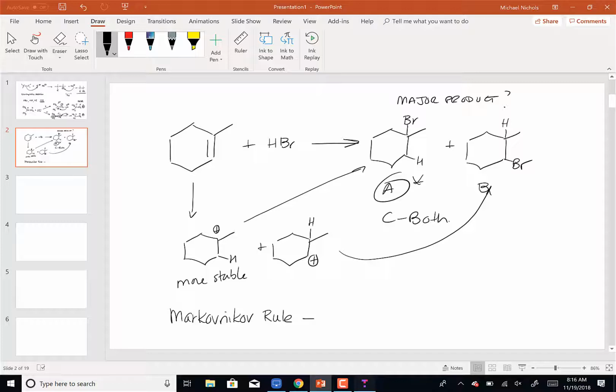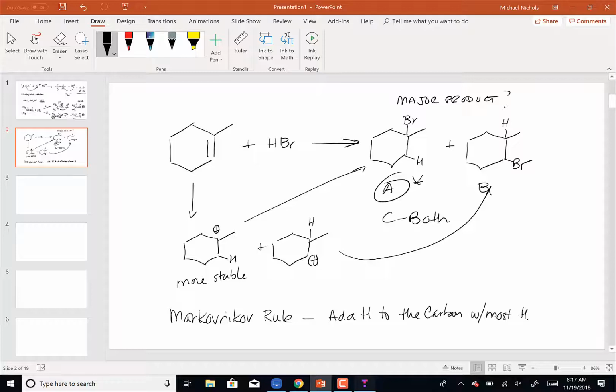So his rule says that you're basically going to add the hydrogen to the carbon with the most hydrogens. And then the other group goes to the other carbon.